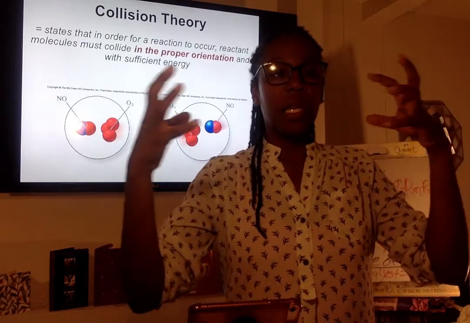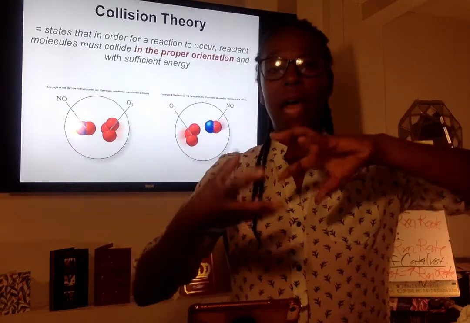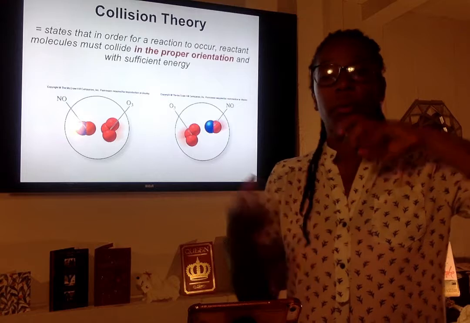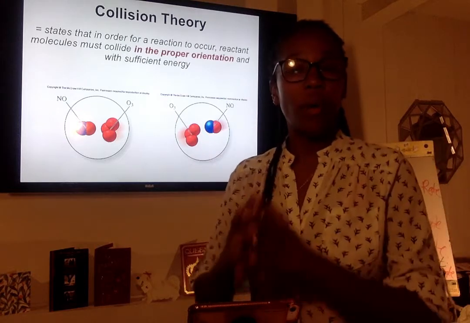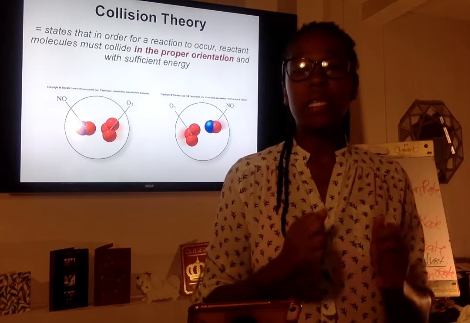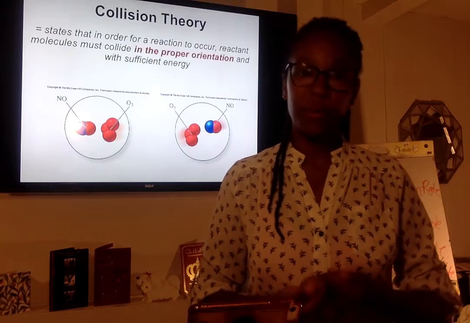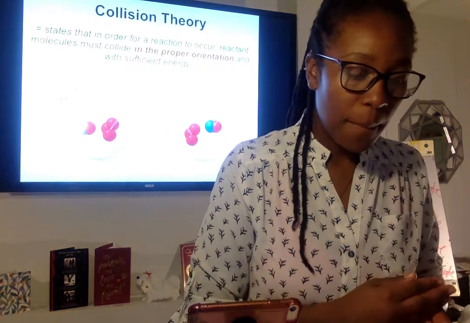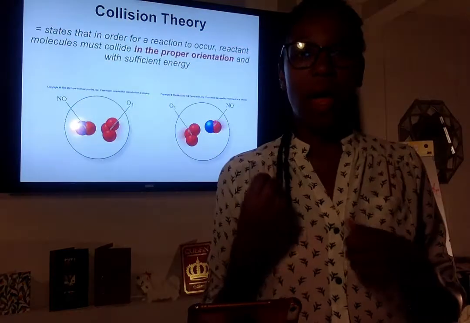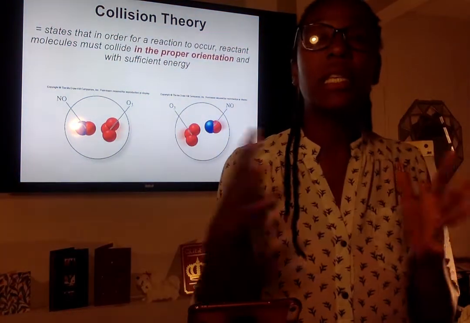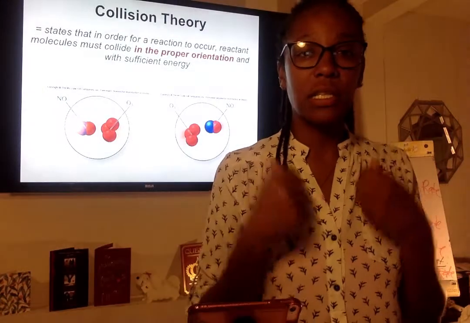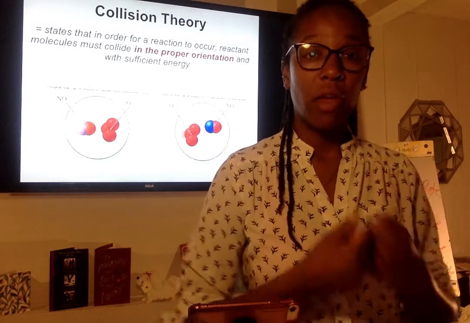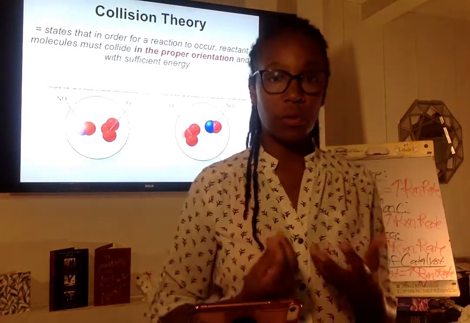So they come together, they kind of turn, and then there has to be enough energy for this reaction to take place. Like we were saying in previous examples when we talked about chemical reactions, you can add heat. Some reactions are exothermic, where they release heat, and some of them take in heat in order for a chemical reaction to occur.